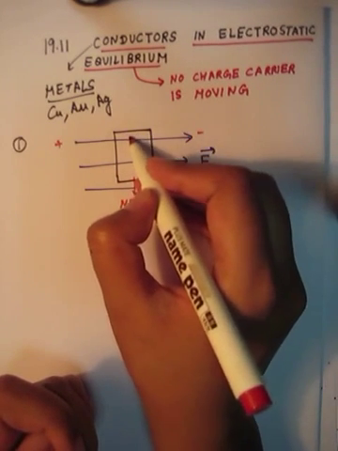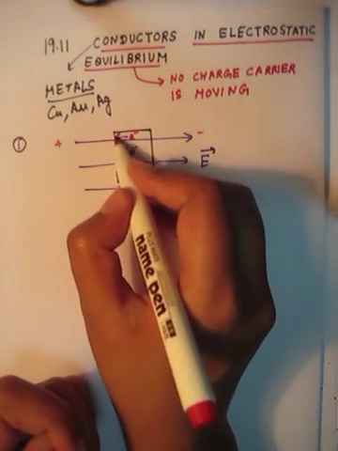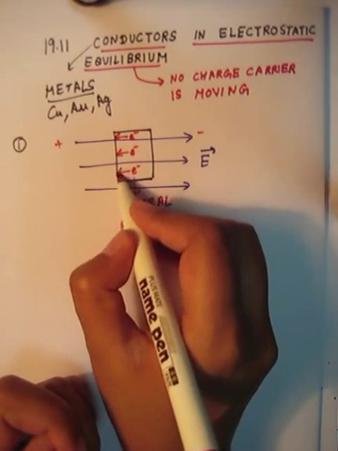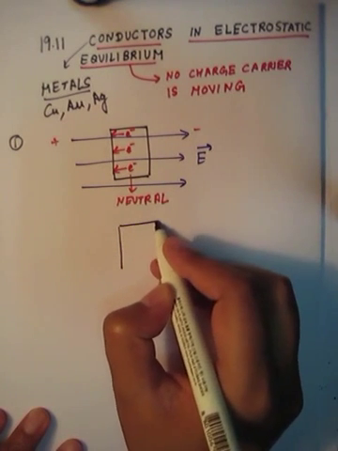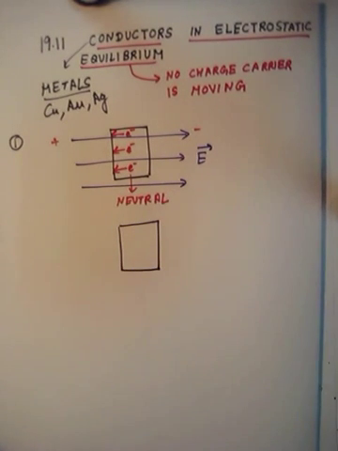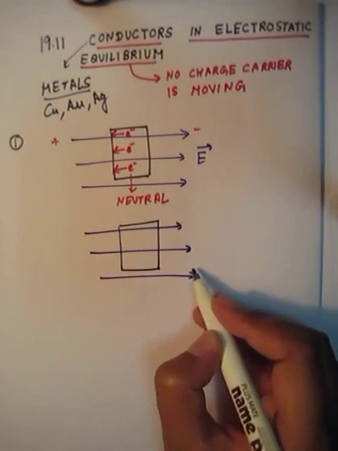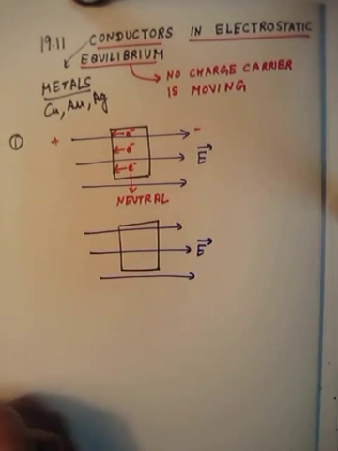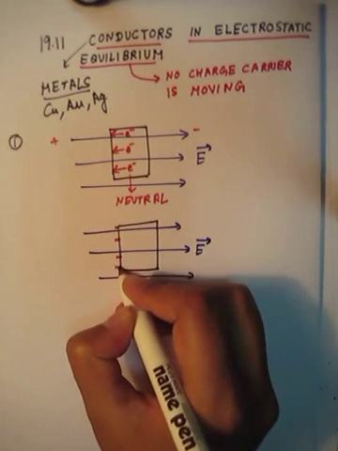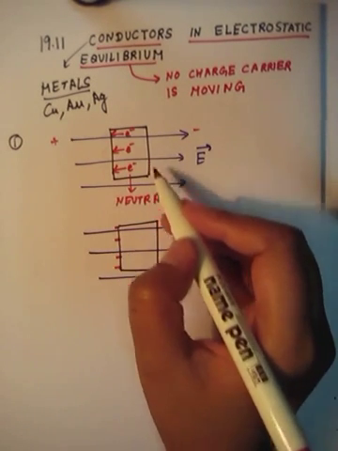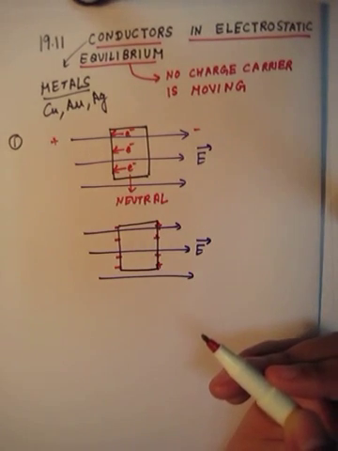So due to this electric field, the electrons will move towards this side, and the electrons will create a negative charge here, and because of the deficiency of electrons towards the other side, a positive charge will be created on the metal surface.